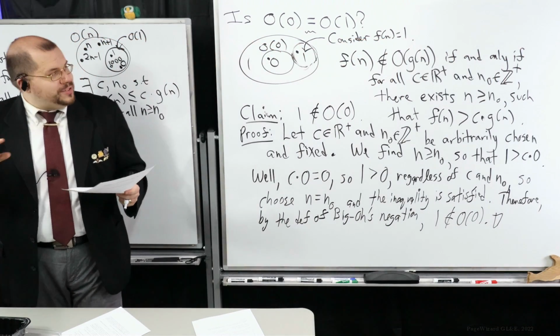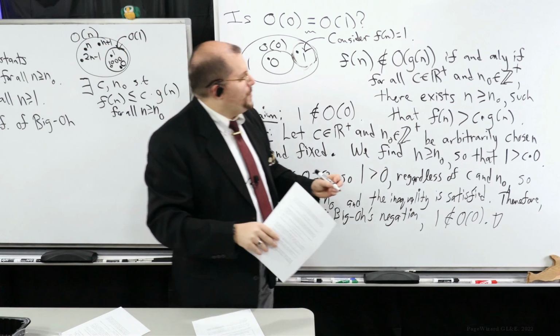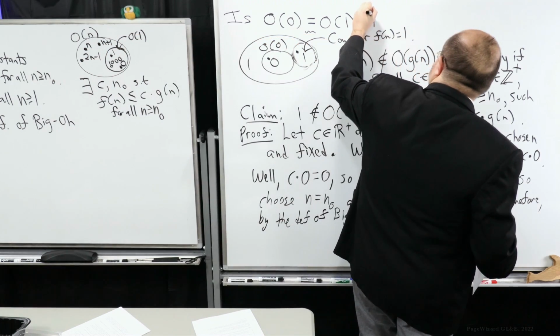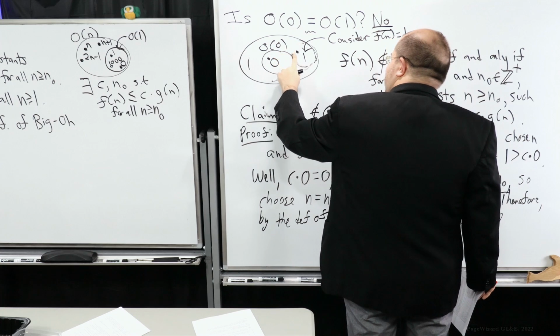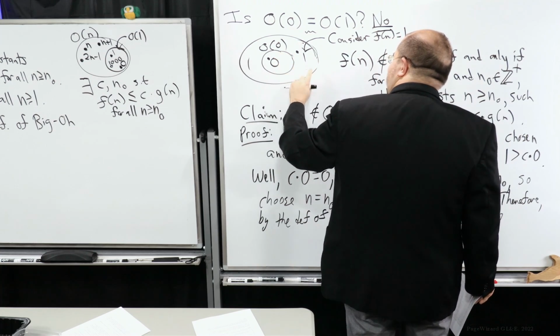So the answer to this question is no. They're not the same sets of complexity functions. What it says is that 1 is sitting outside of big O of 0.